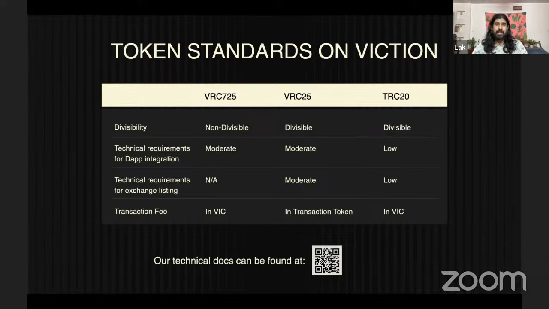If we take a look here at VRC25, this is a token standard that is similar to TRC20, but we've added a few extra features to it. So it has the ability to let token holders pay transaction fees using the token itself.